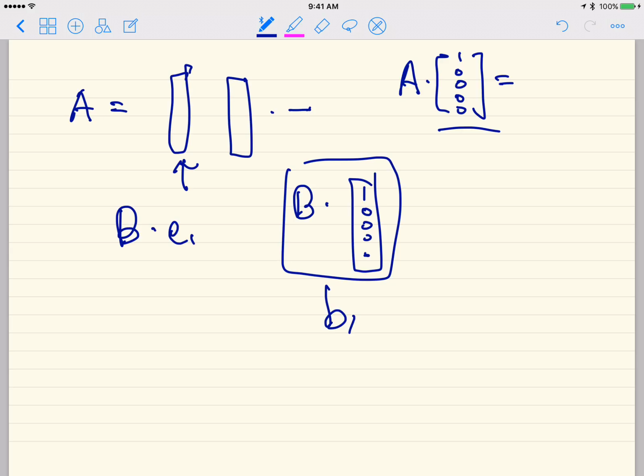I'll give you B that has 3 columns, B1, B2, and B3. And then what should be the dimension of a vector X? What is the dimension?